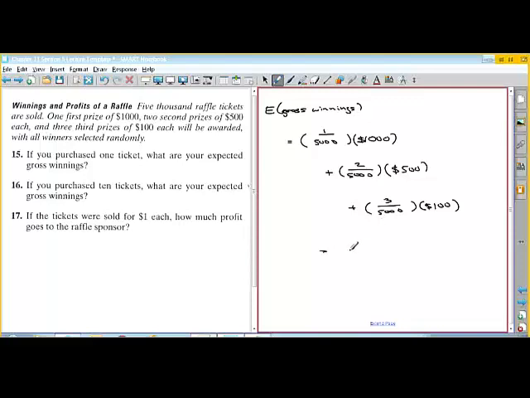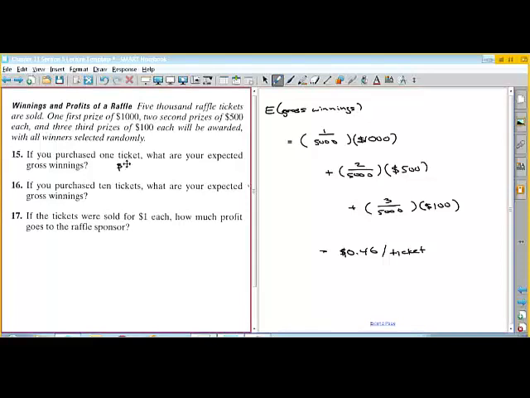And so you would get $0.46 per person, or per ticket. I guess I could say per ticket, because somebody could buy more than one ticket. So that's the answer for the first part. The gross winnings per ticket are 46 cents.